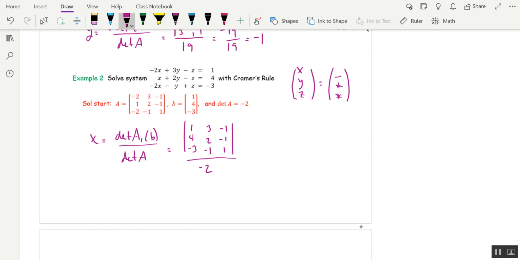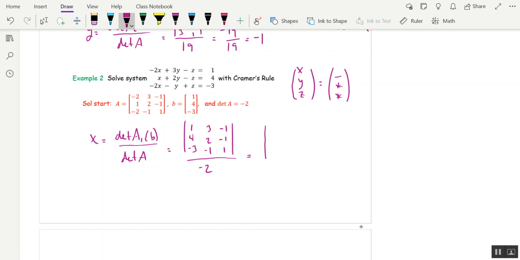Okay, so now I want a determinant of a 3 by 3. I'm going to do some row operations first to simplify before I use cofactor expansion. And you don't always zero in on the first column, like think, oh, I need to kill the 4 and the negative 3. If I want to keep the numbers small, and there are many ways to find this determinant, you don't have to do it my way, but what I'm going to do is focus in on this last column.